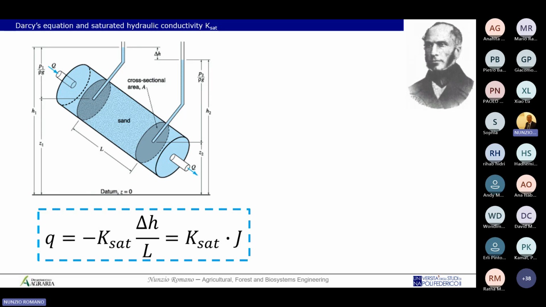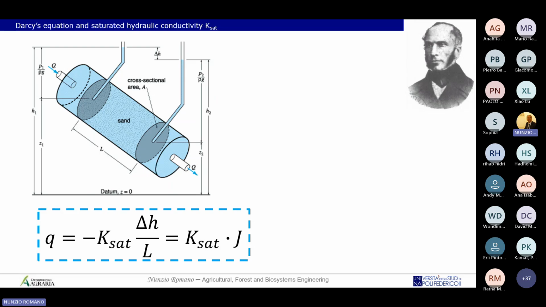But what is important is that the flux is proportional, through a property of the system, the hydraulic conductivity at saturation, to the hydraulic gradient. It is completely similar, and I am sure that all of you know, the Fourier equation of the transmission of temperature.